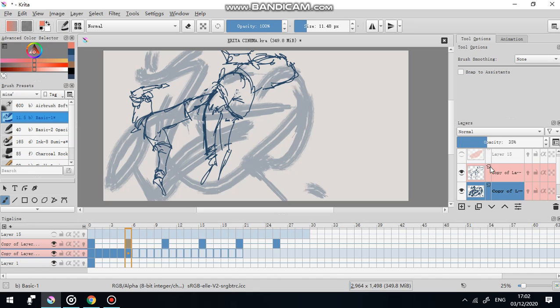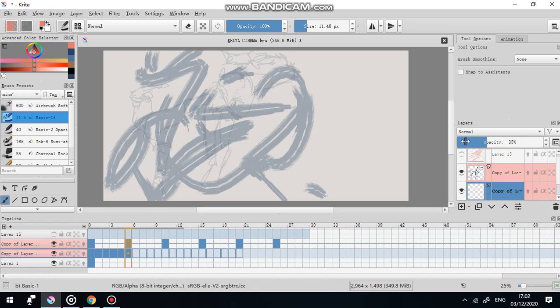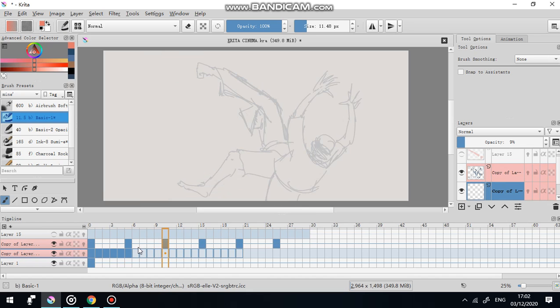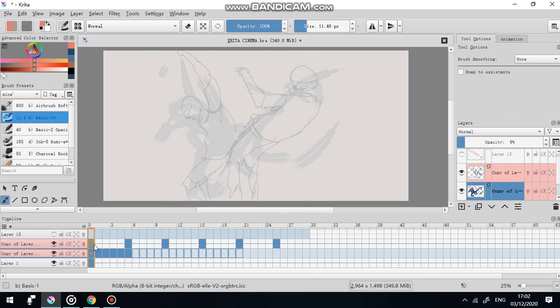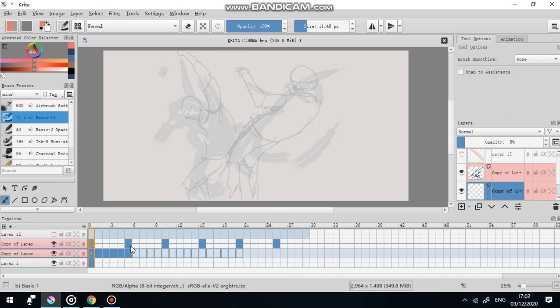I start off with a scribble, make it really faint, and look on top of it. Before I get to a move, looking at these basic positions, this one's a very good example. First of all, I just look at the basic shapes, so they're not even refined as characters in the beginning, they're just literally various shapes.